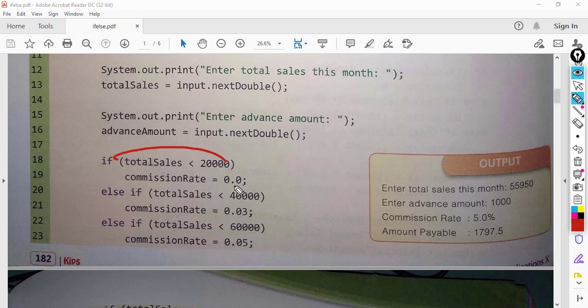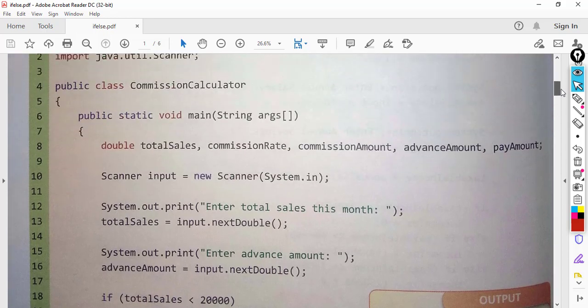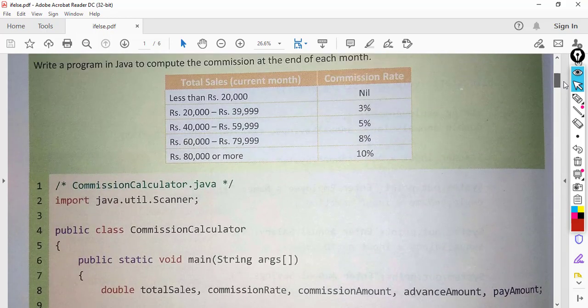Now if you are confused with the conditions given here, you can always write what is given in the question, what is given in the table. Here it's given less than 20,000, so you'll write if total sales is less than 20,000.